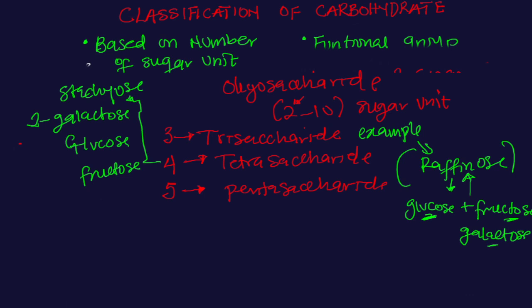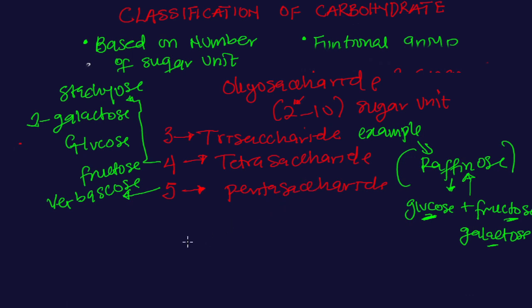The next one that we can have is verbascose, which is 5 sugar units. It is an oligosaccharide, a pentasaccharide.